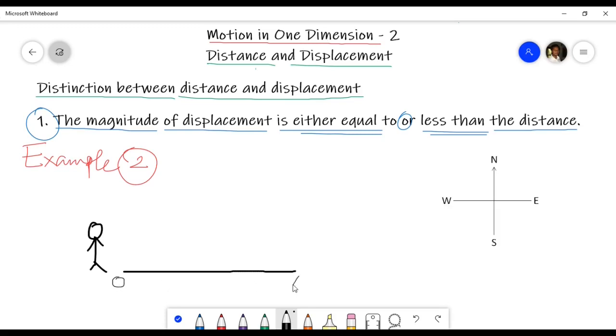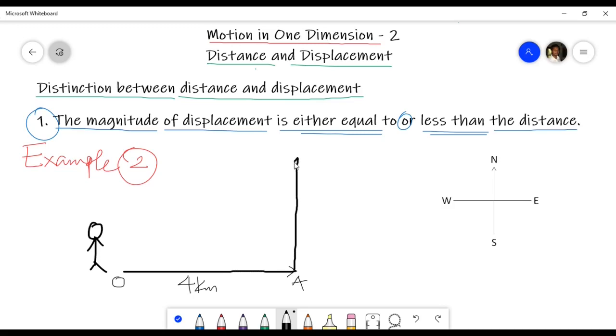Let us mark the initial point as O. So the boy travels 4 kilometers towards east. You can also see the compass on the right hand side where I have mentioned the east, west, north, south directions. A boy travels 4 kilometers towards east and then 3 kilometers towards north.